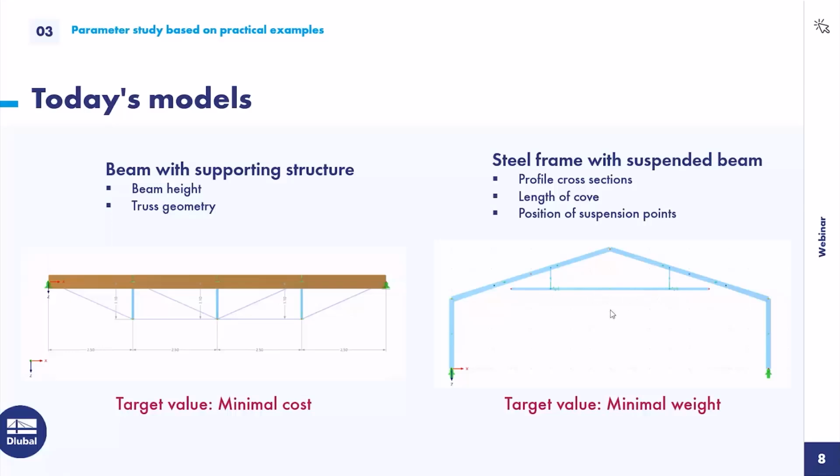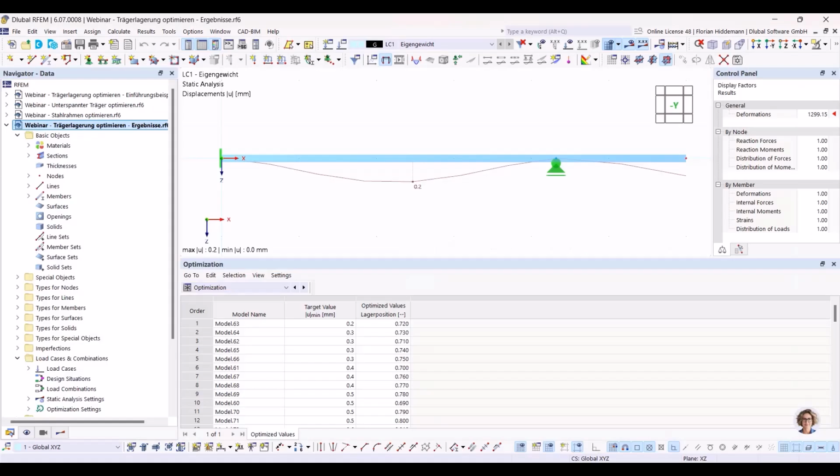It could be in an event hall or other usage. It's just a first design example for when you are trying to optimize elements of your structural model. So we start and have a look at the model on the left side. We go to the beam with supporting structure.